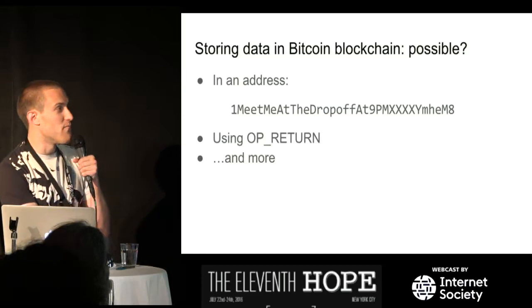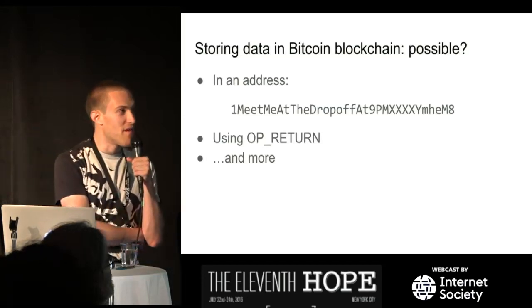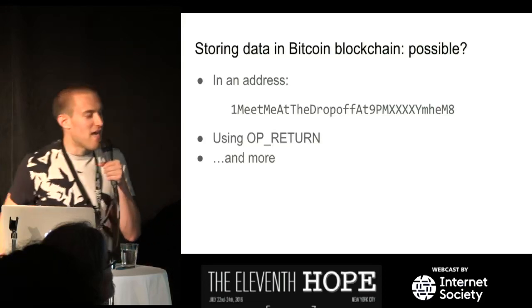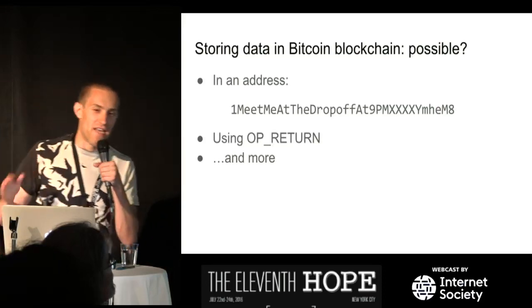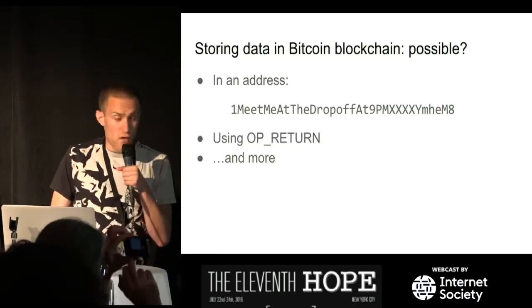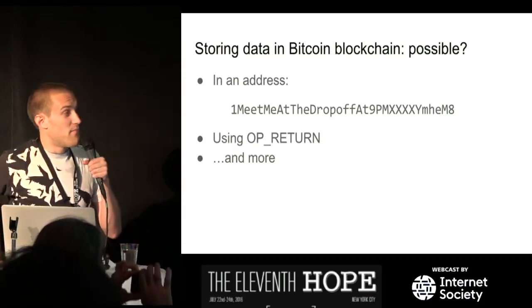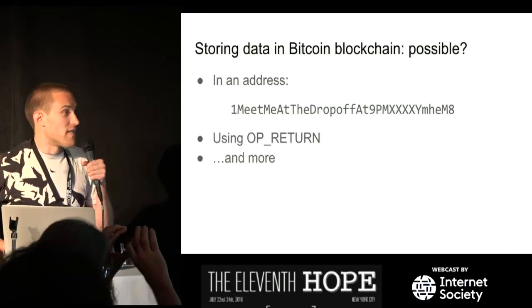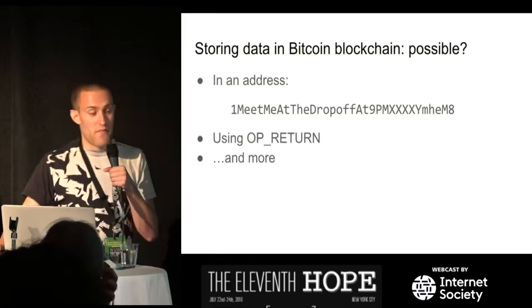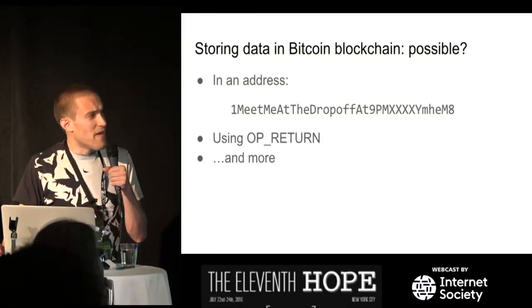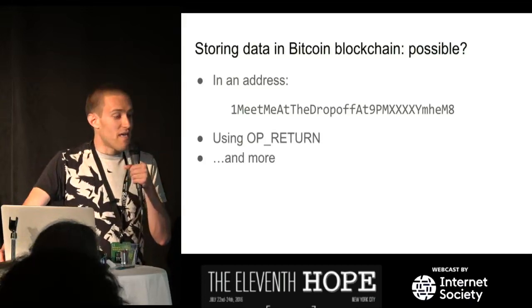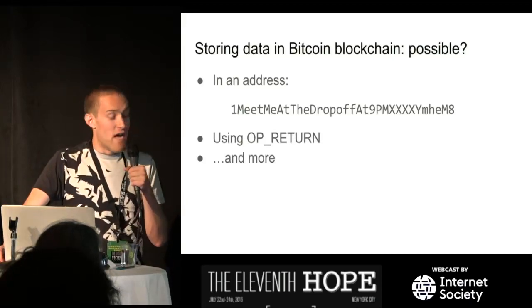It says, meet me at the drop-off at 9 p.m. Obviously, I've hidden some sort of non-financial message inside of this Bitcoin address. By sending Bitcoins to an address like this one, you can encode information inside of the Bitcoin blockchain. As you might guess, this is not a particularly efficient way to encode that information.